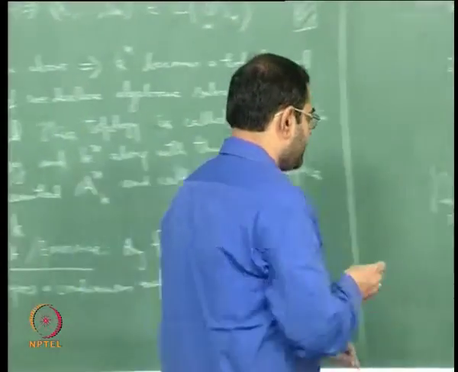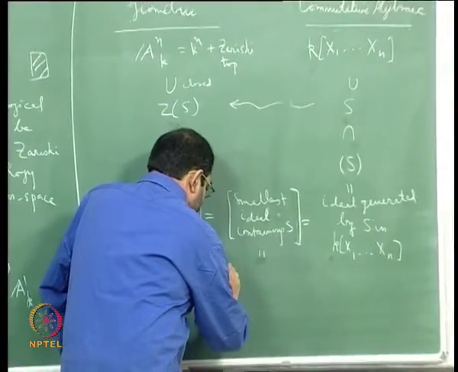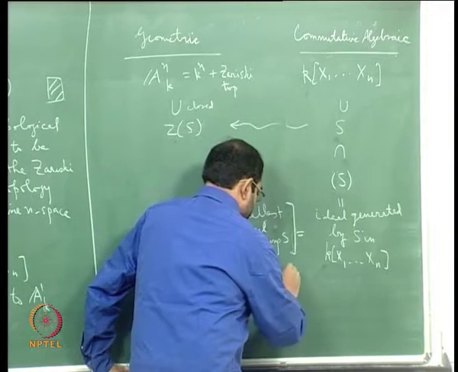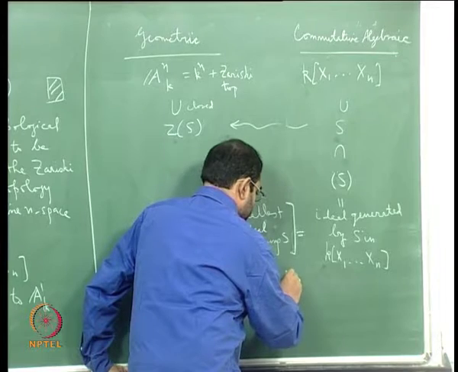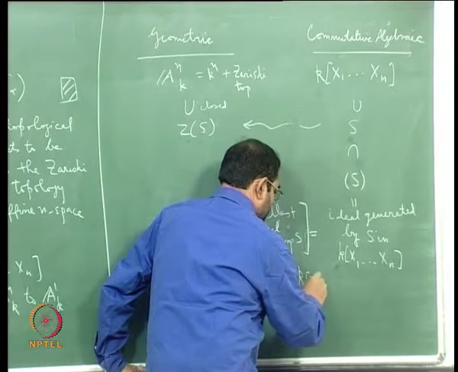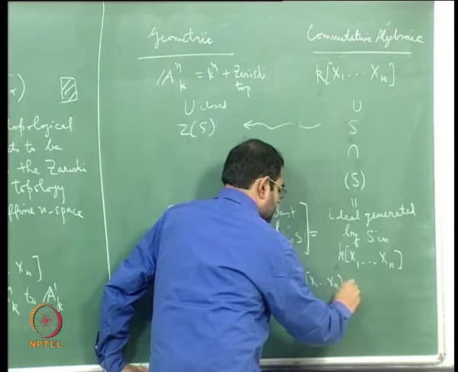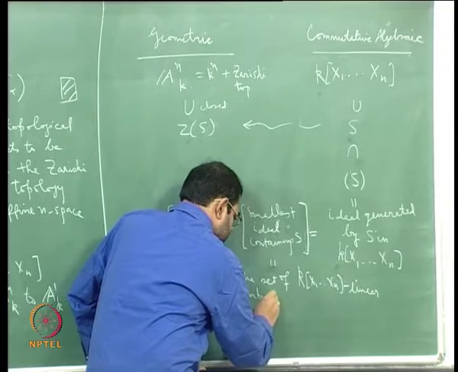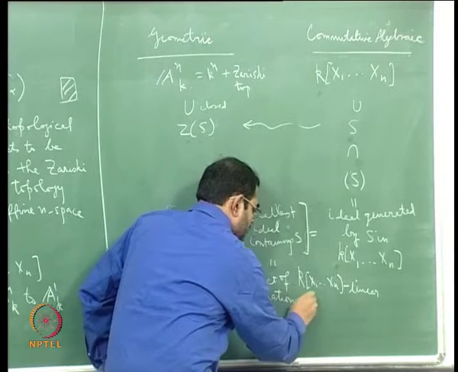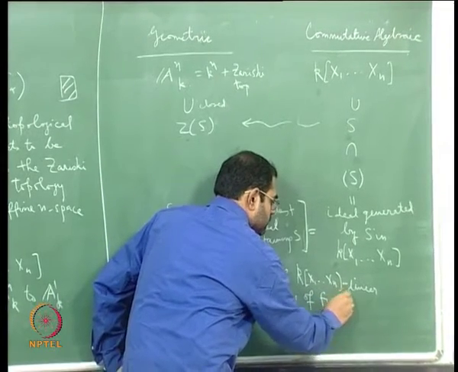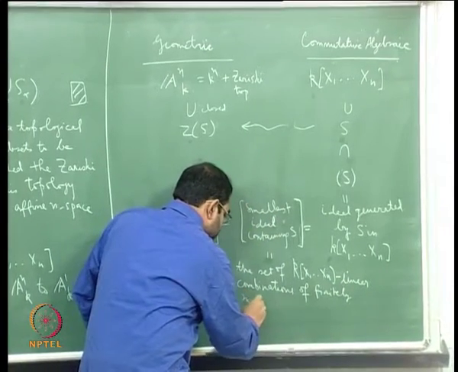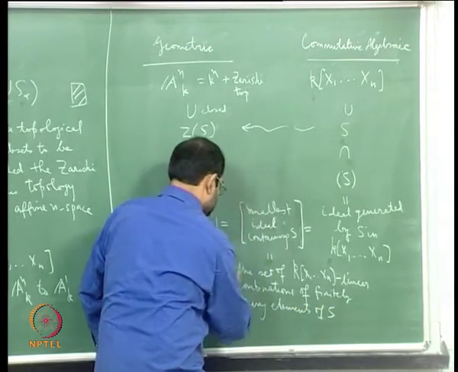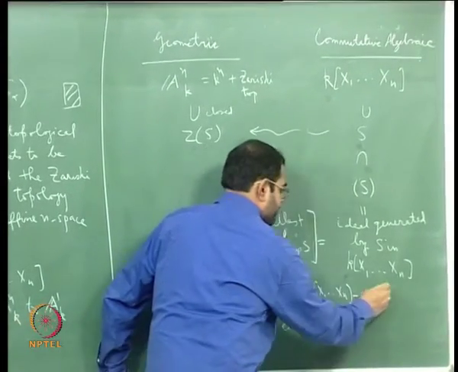Okay, so let me write that down. This is equal to the set of linear combinations, with coefficients in K[x1, ..., xn], of finitely many elements of S. That is what it is.